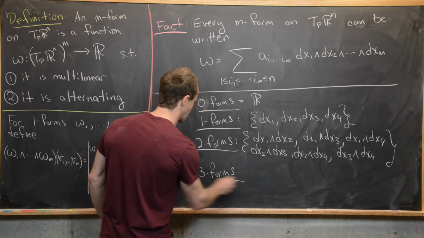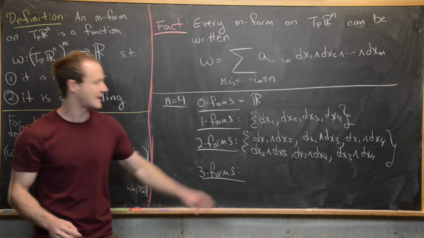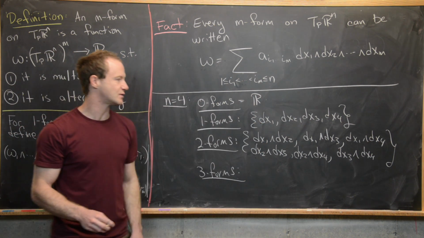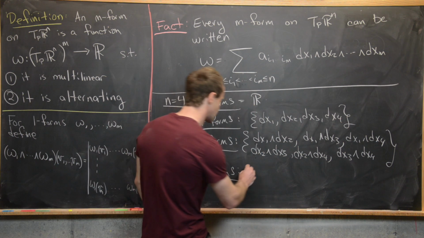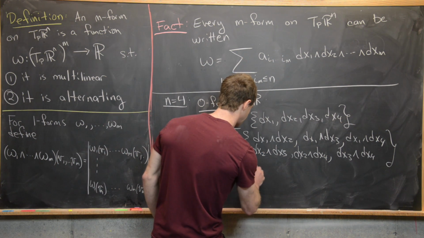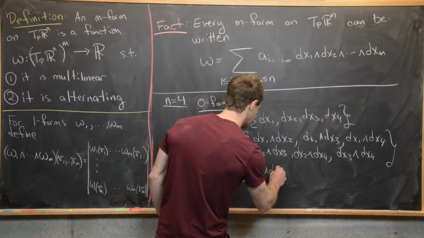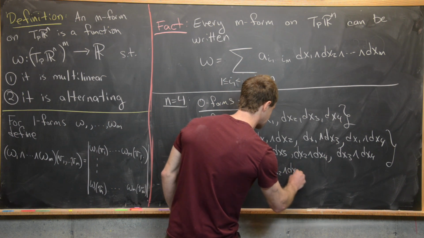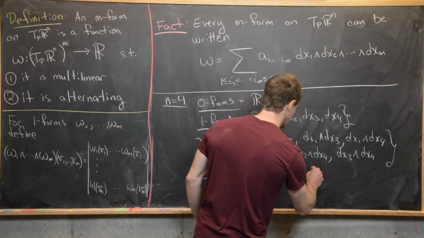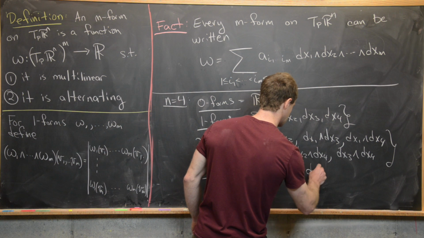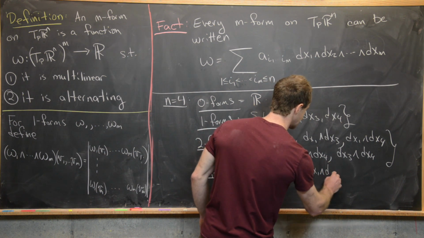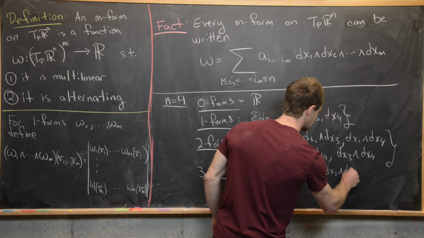And now let's look at 3 forms. So 3 forms are kind of dual to one forms in that instead of keeping one of these, we throw out one of these. So there's the one where we throw out dx4. So we've got dx1 wedge dx2 wedge dx3. Then the next one would be maybe dx1 wedge dx2 wedge dx4.